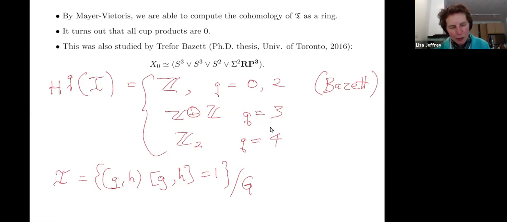We defined its quotient by conjugation by G. The center acts trivially, so you have a free action of SO3. So this is a principal SO3 bundle.